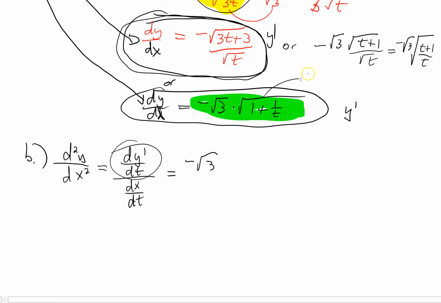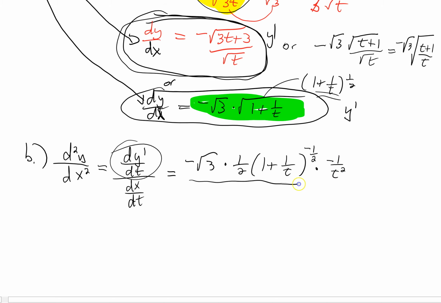This right here is really 1 plus 1 over t to the 1/2. So taking our derivative, we'd bring down our 1/2. We'd have 1 plus 1 over t to the negative 1/2 power. Don't forget your chain rule. What's the derivative of 1 over t? Negative 1 over t squared.